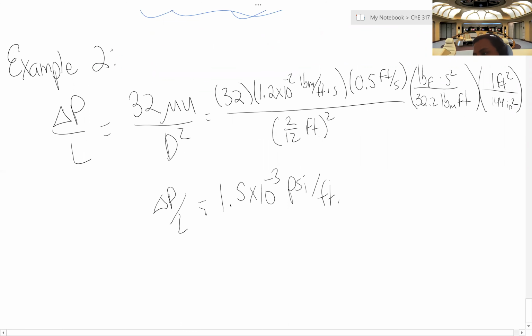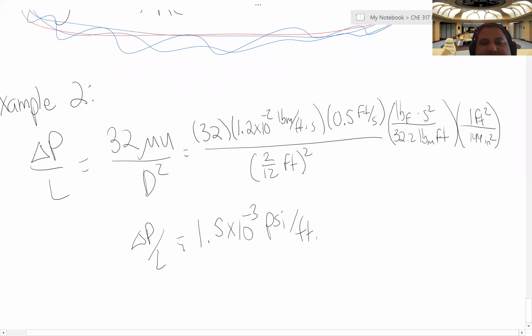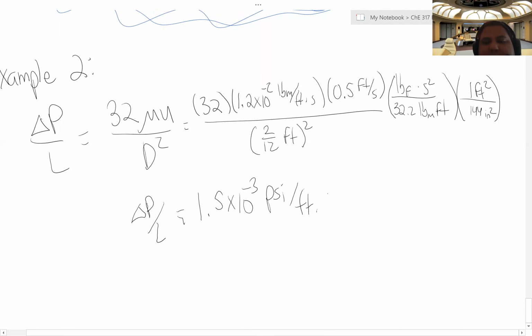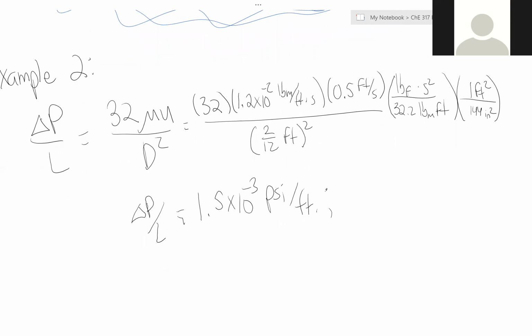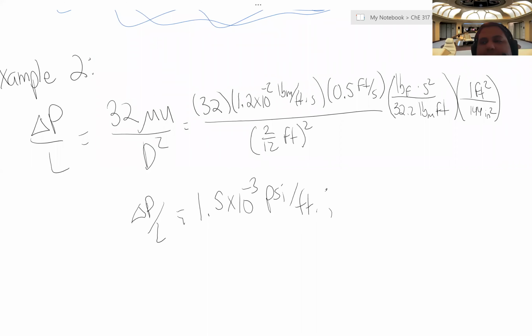All right, now to wrap up, since that one was just number crunching, what do we expect to happen to our pressure drop per unit length if I double the velocity? It would double, right?